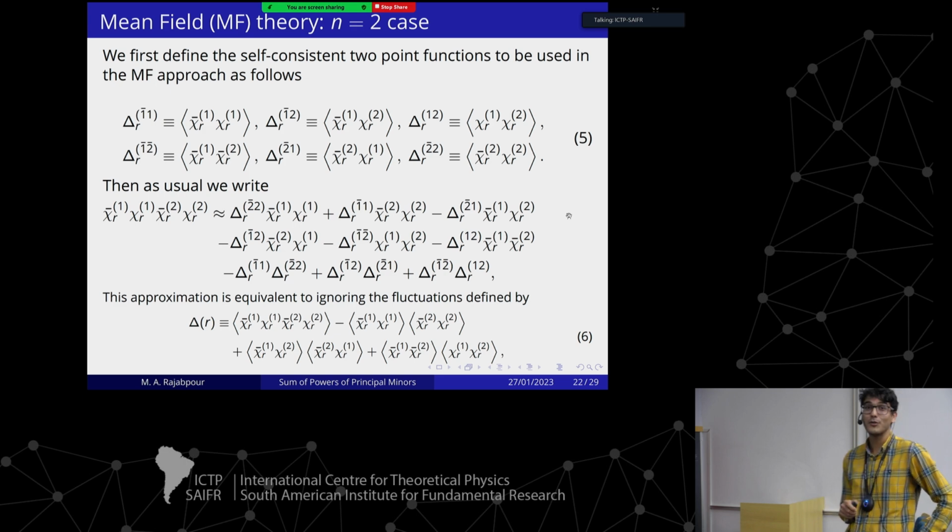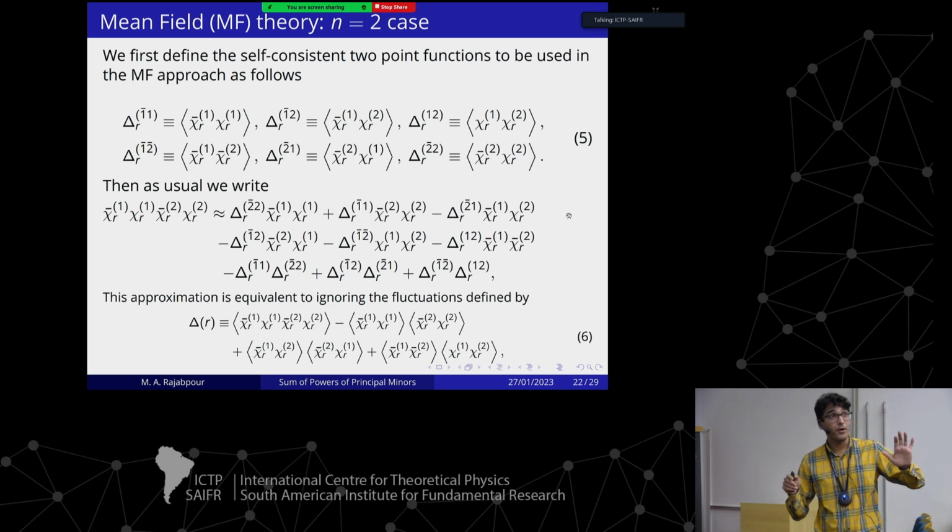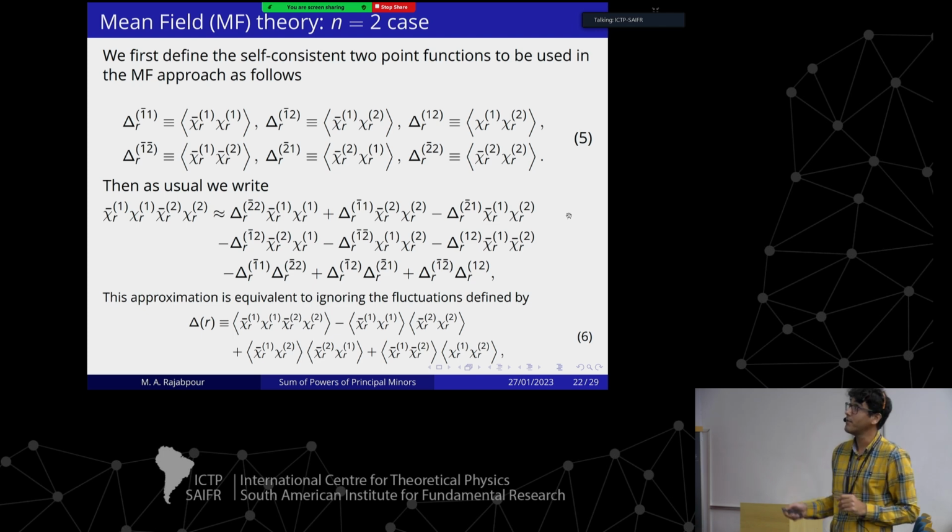This is what we do normally in mean field theory. And then this quantity, one can think of as controlling the extra fluctuations that we have. As I told you before, there are plenty of ways to do this calculation, but now I'm just talking about the simplest version of it.